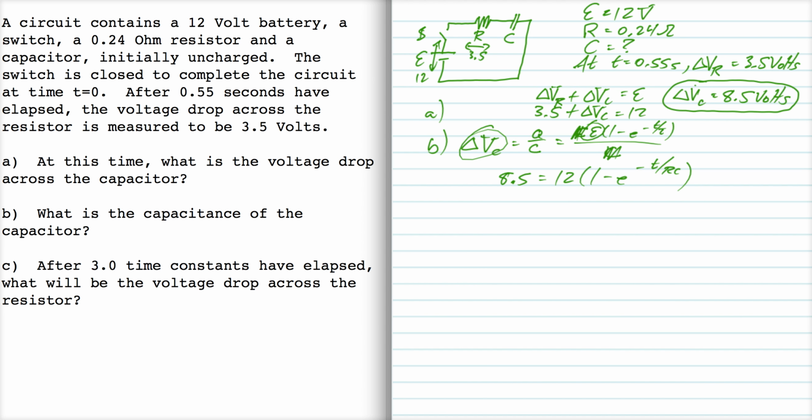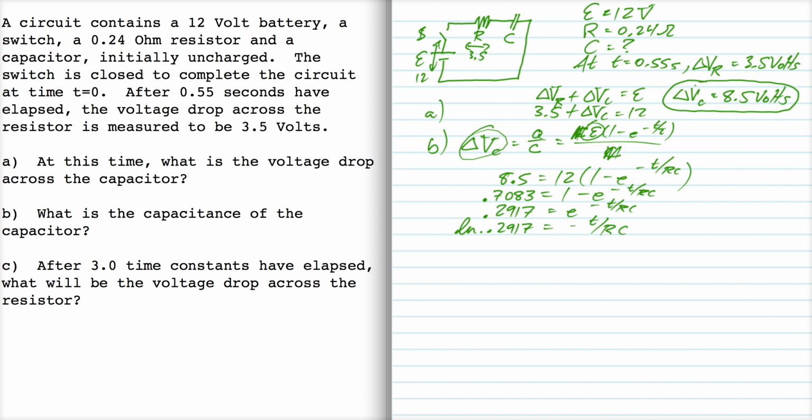Okay, so that goes to 0.7083 is 1 minus e to the minus t over RC. And then if I subtract 1 from both sides and flip the signs, I get 0.2917 is e to the minus t over RC. And then I take the natural log of both sides, which brings that exponent down.